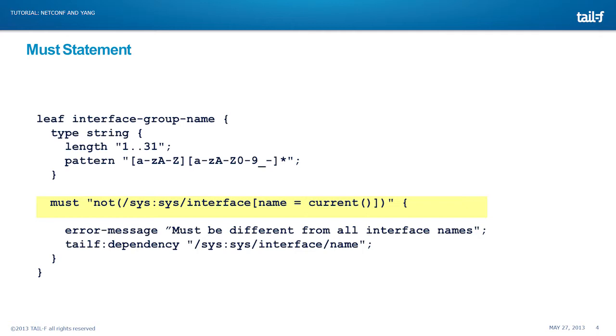Then the square brackets allow us to select a node set. So off in sys interface, we look at the leaf called name in that interface list, and we're saying over in that system interface table, there must not be any name entries in that list whose value is equal to the current value of our node, i.e. interface group name.